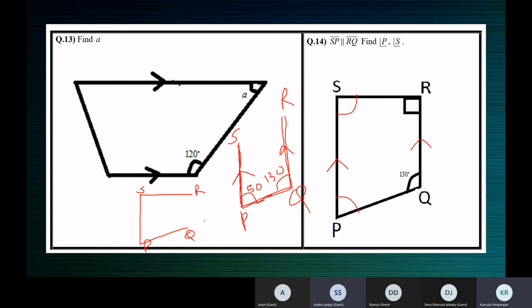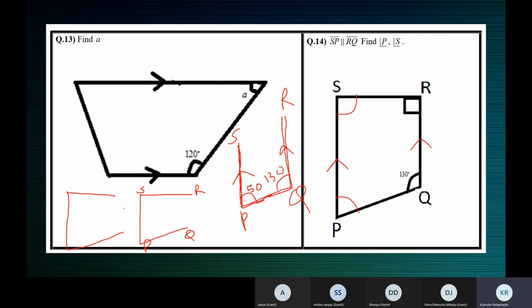P, ma'am. P and one more angle. S, ma'am. Yeah, P and S. We have considered only the line SR, the transversal SP, and the other line PQ.